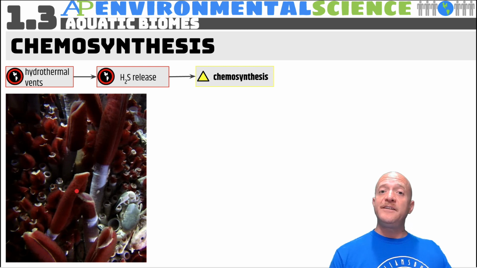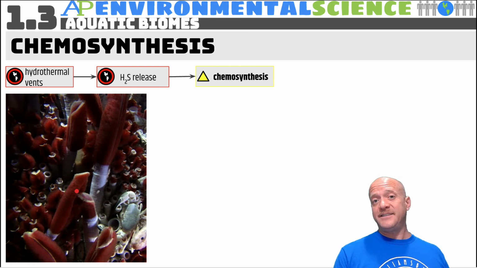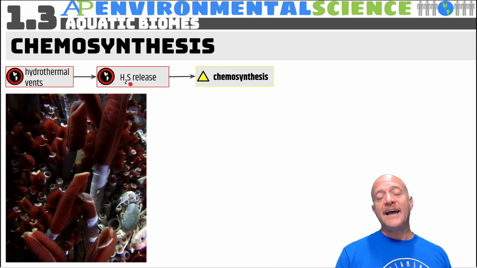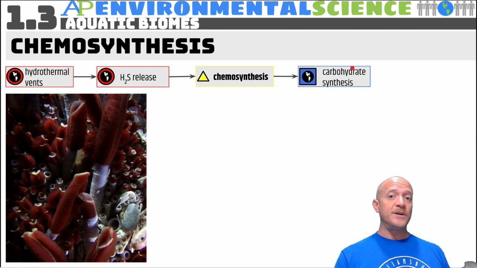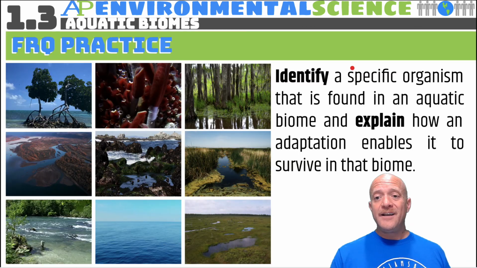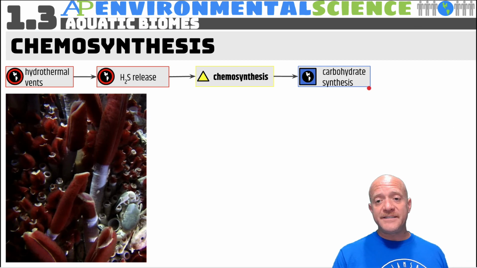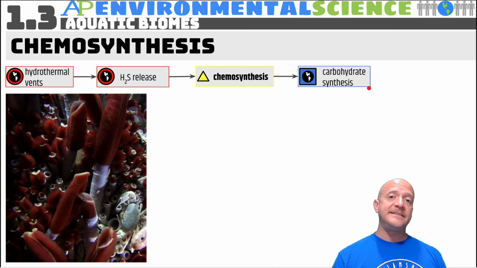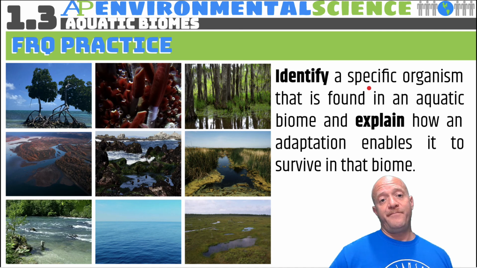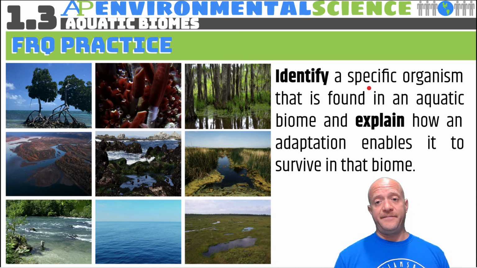So instead of using light, like photosynthesis, they're using chemicals. They're using this hydrogen sulfide in order to synthesize their carbohydrates. Because of this, there is diversity at the bottom of the ocean, but it is chemical based and not solar based.